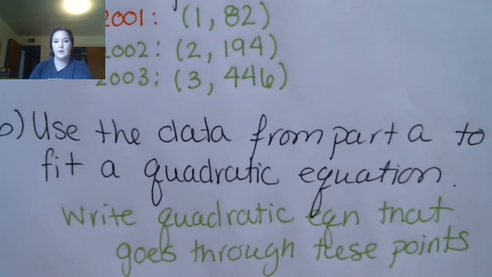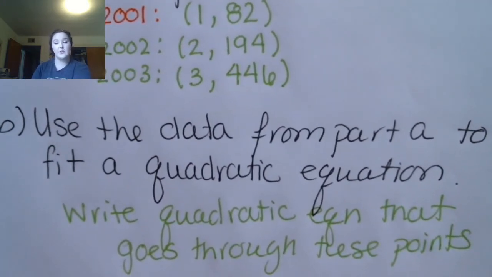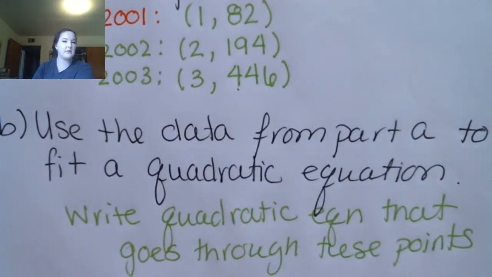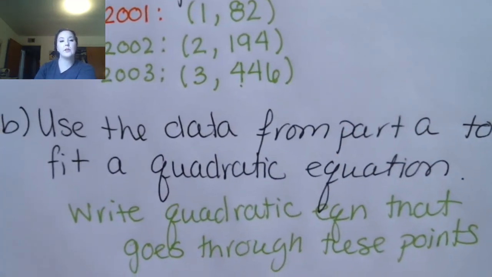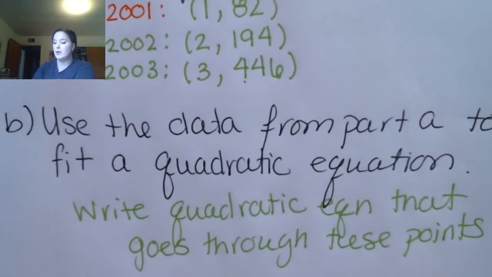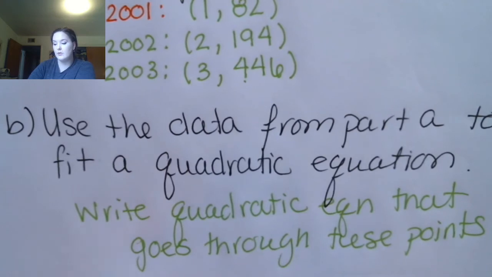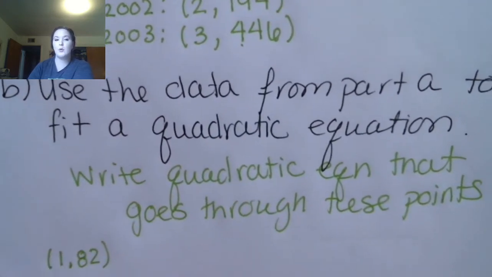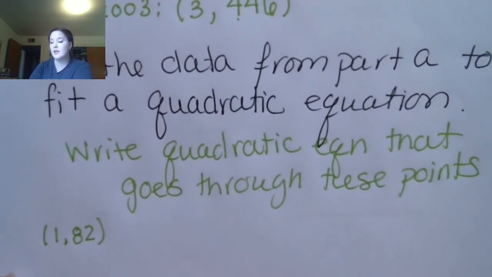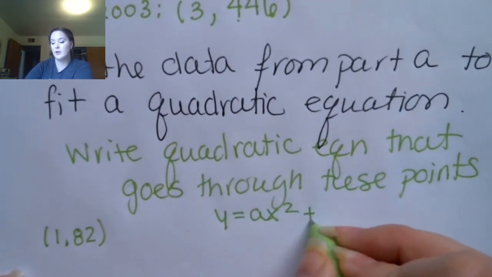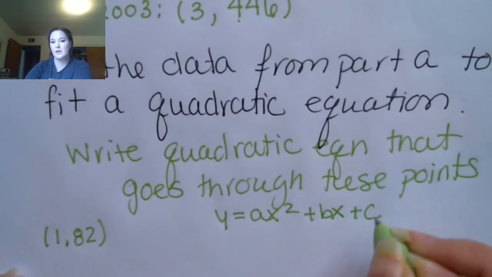Okay. All right. So just like the previous example, we're going to plug in each one of these, and each one will give us an equation. So we're going to plug in the first point, which is (1, 82). And remember, we're plugging them all into the standard form, y equals ax squared plus bx plus c.